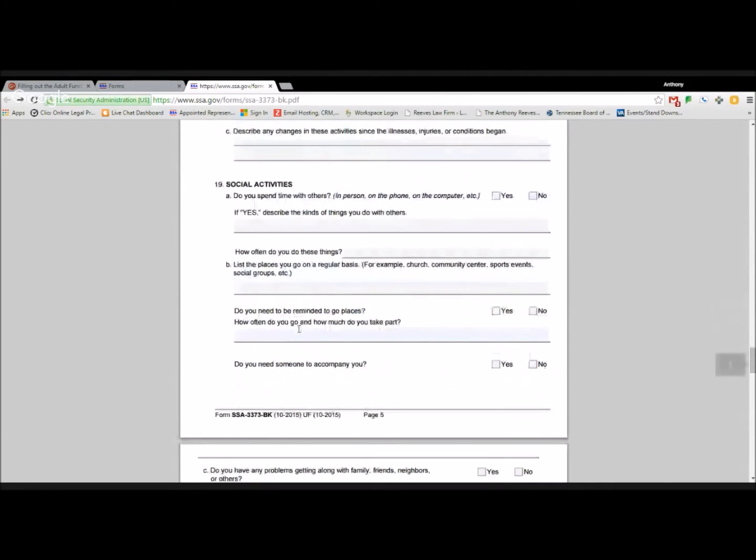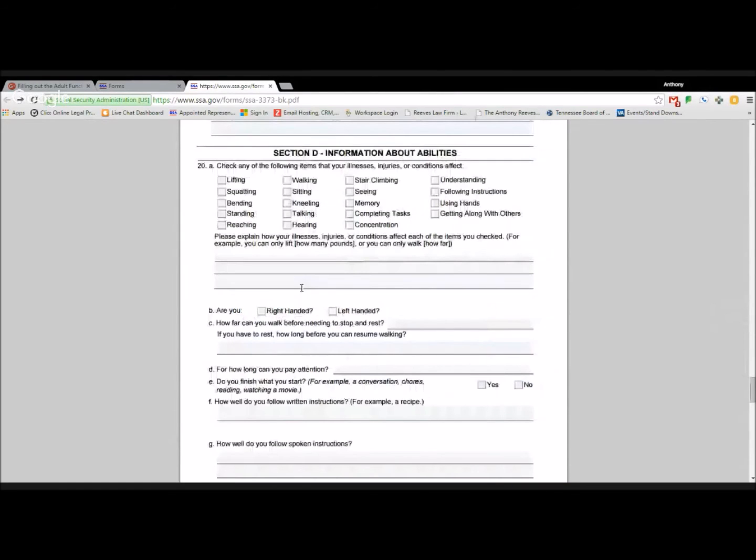Same thing here. Now, it's amazing. Look at how these things, it's amazing. I want to pause and focus on section D. Look at this right here. Memory, completing tasks, concentration. It's amazing how people will sit here and say these things are problematic.